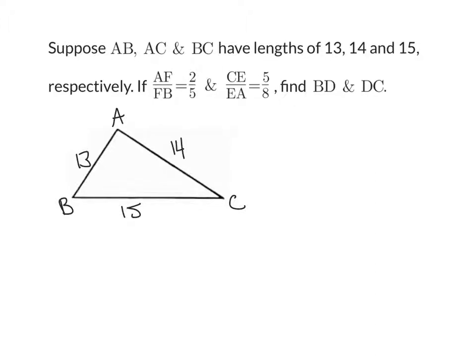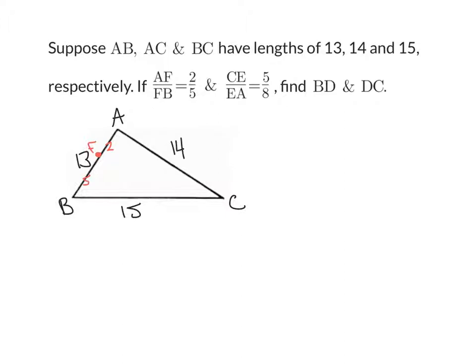Then it says the ratio of AF to FB is 2 to 5, that means that there is some point on AB that we can call F, and it will divide that side by the ratio of 2 to 5.